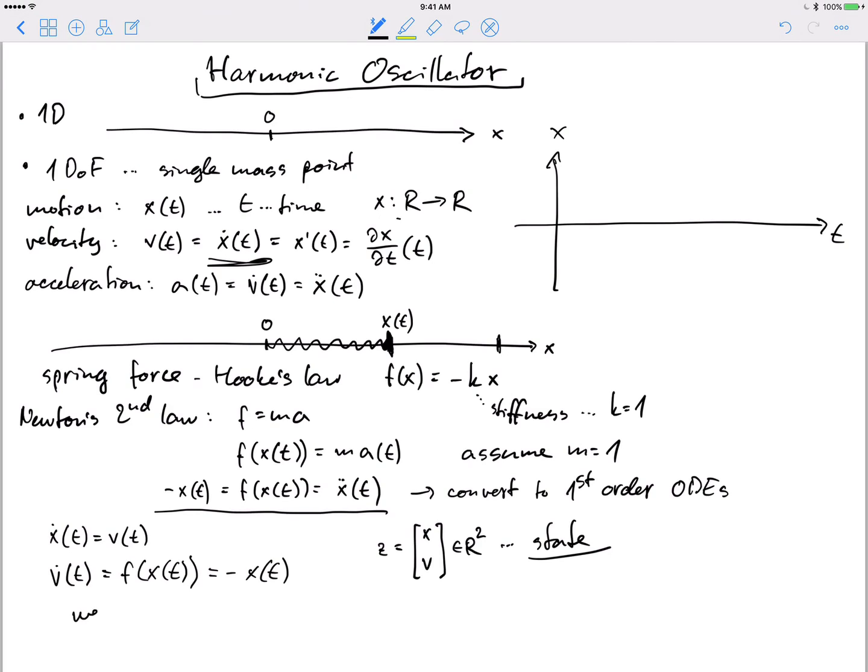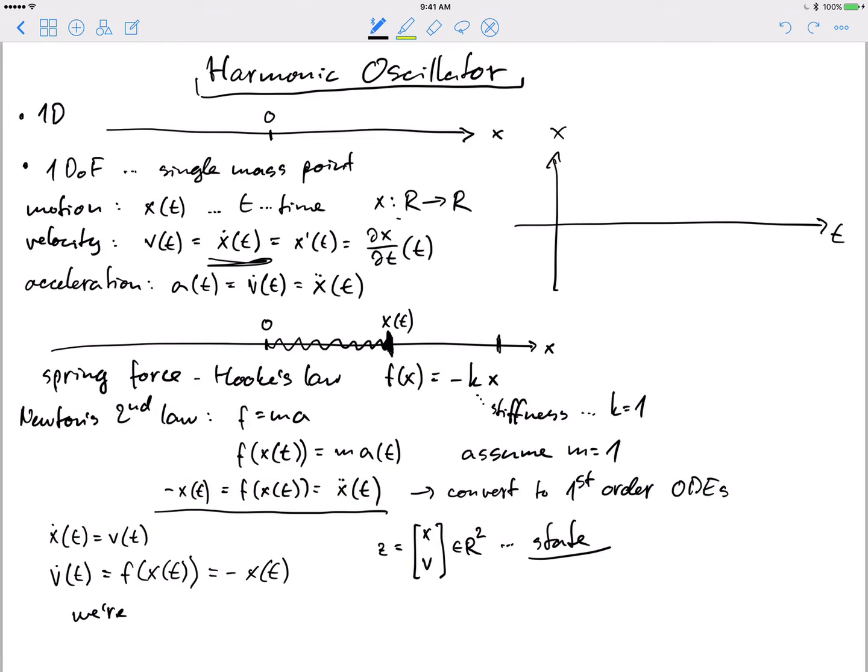Just to make it clear, before, in this case, we were solving a single equation for a single function x, okay?